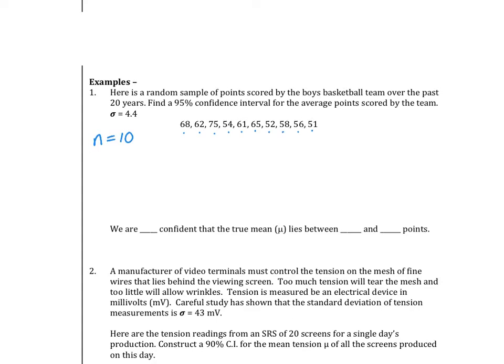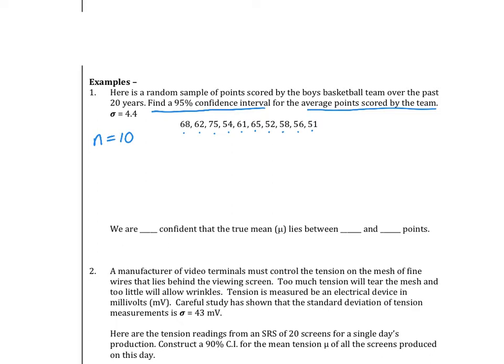So if you're only taking 10 games to try to find out what the average points scored by the team was, it's going to be pretty hard, which is why there's a confidence interval. We want to be 95% confident that the mean is going to be within these two numbers. So we're going to narrow it down to say the mean is probably going to be between here and here, because it's impossible to actually find it out unless you know all of the games.